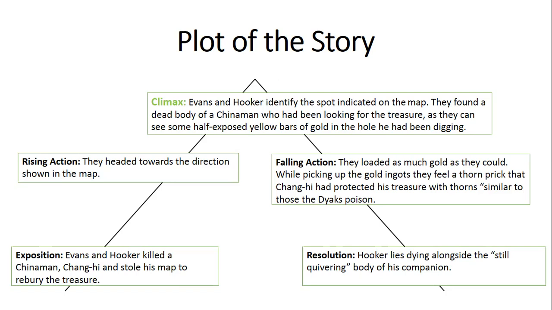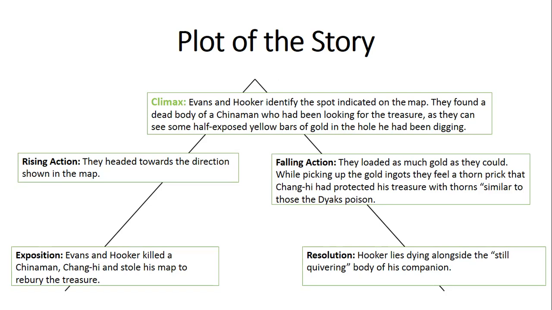Falling action: Evans and Hooker loaded as much gold as they could while picking up the gold ingots. Ingots means the brick shaped gold, or we call them biscuits of gold. They felt a thorn prick.